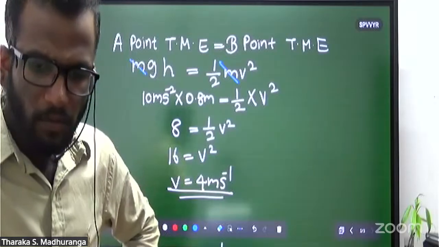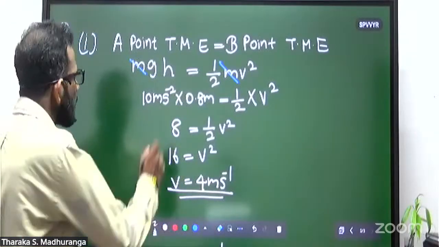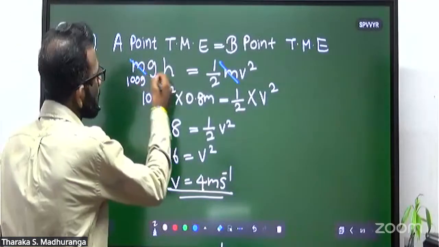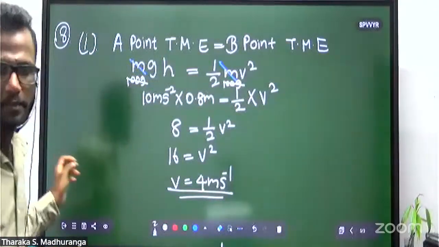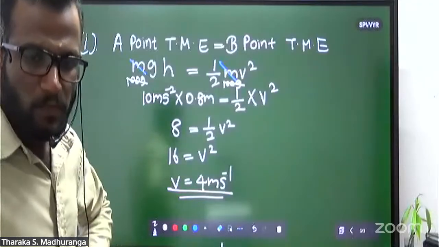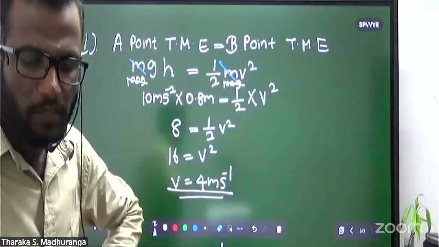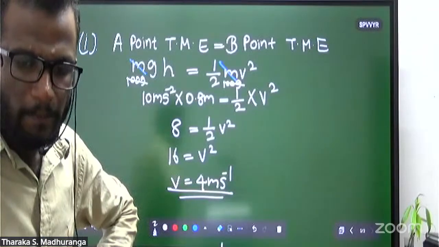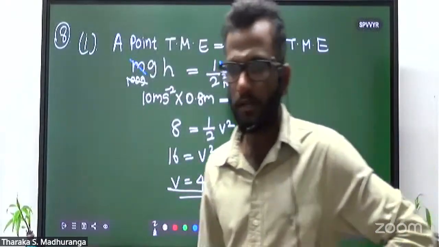It is given, okay, no issue. If you use 100 gram and 100 gram, what happened? Again cancel. Then you don't need to substitute. That's why I told you, whether it is given or not, you can do this question.